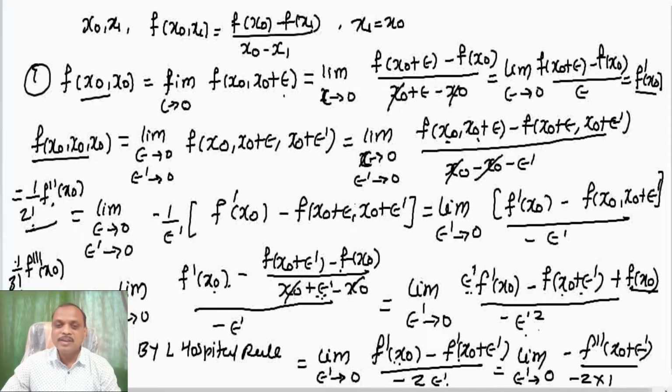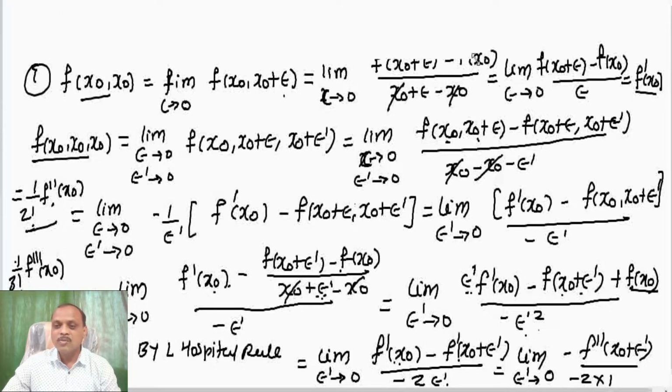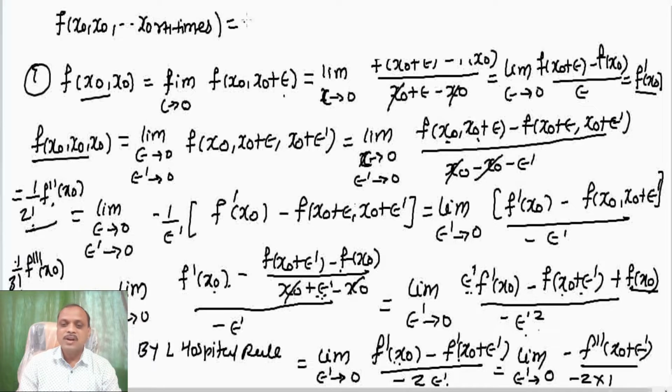Hence, by continuing in this manner, if there are r plus 1 equal values of x0, then f of x0 comma x0 comma and so on, r plus 1 times, will be 1 divided by r factorial into the rth derivative of the function at x0. So in this manner we find the divided difference of the function when the arguments coincide or are equal.